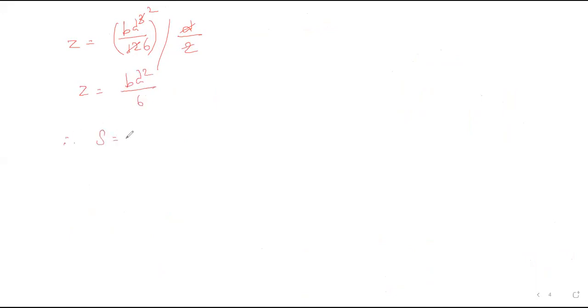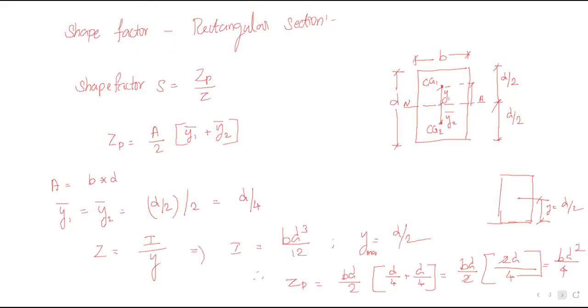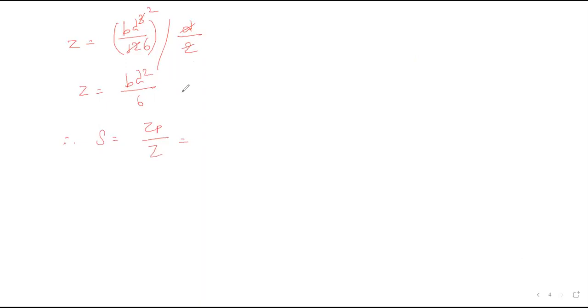Therefore, shape factor S is equal to ZP by Z. So the ZP value is BD squared by 4, divided by BD squared by 6.